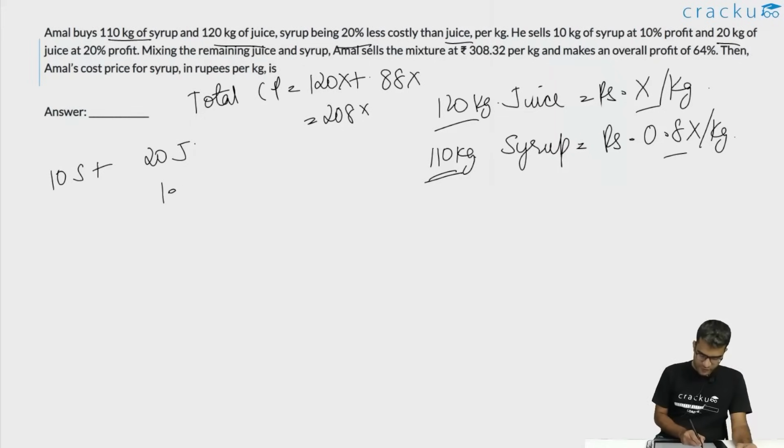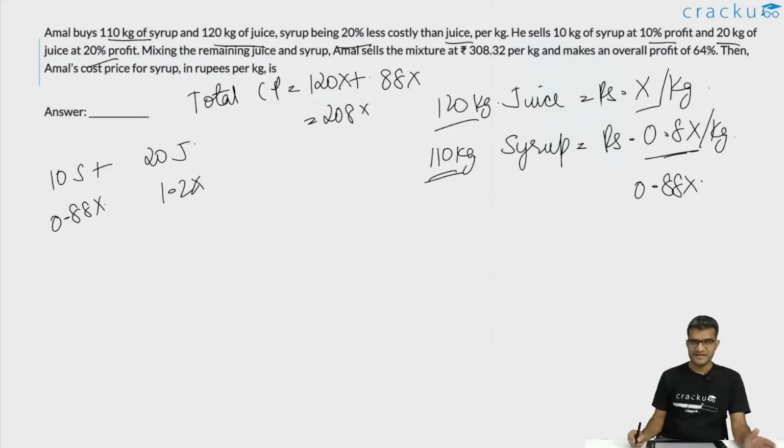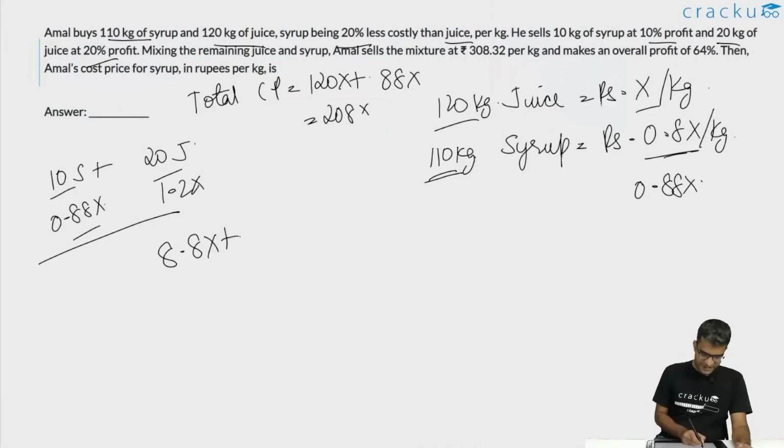Juice he sold at 1.2x, he made a profit of 20%. And the syrup he sold for 10% profit. 10% profit on 0.8x will be 0.88x. So by selling this, he made 10 into 0.88, which is 8.8x, plus 20 into 1.2x, which is 24x. So this is equal to 32.8x.